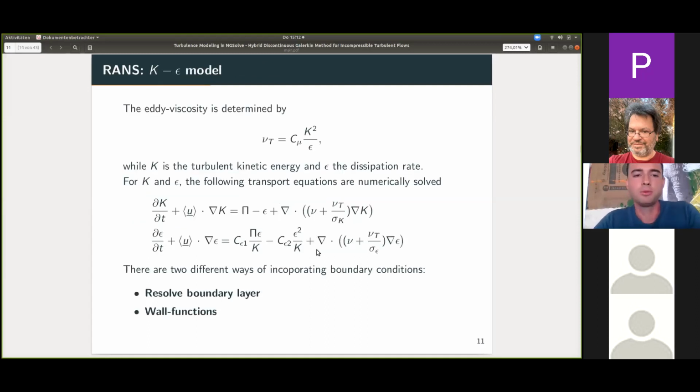So in the k-epsilon model, the eddy viscosity is determined by this ratio: the turbulent kinetic energy squared divided by the dissipation rate, and some constant C_mu. This turbulent kinetic energy and its dissipation rate have to be solved by the transport equations we see here, which are modeled again.